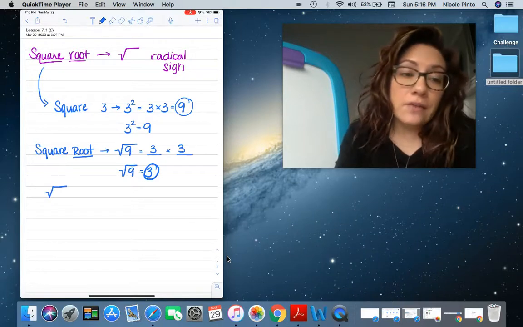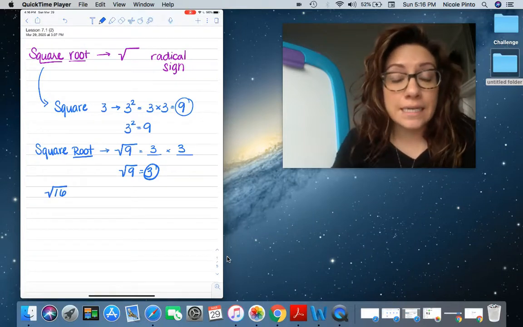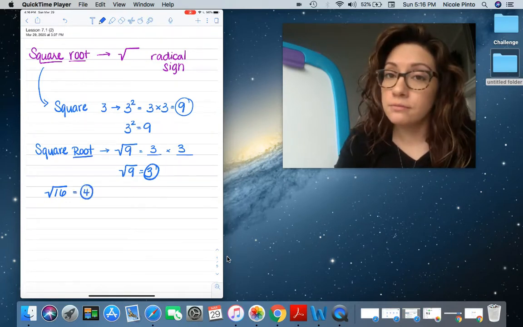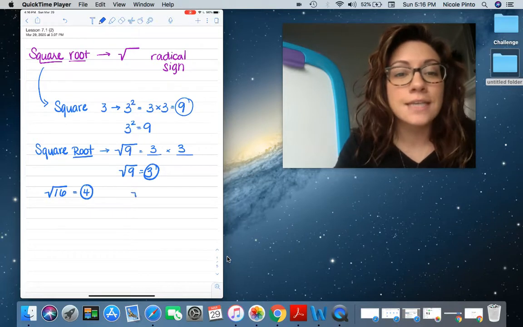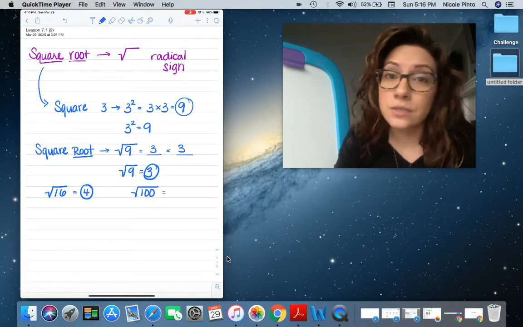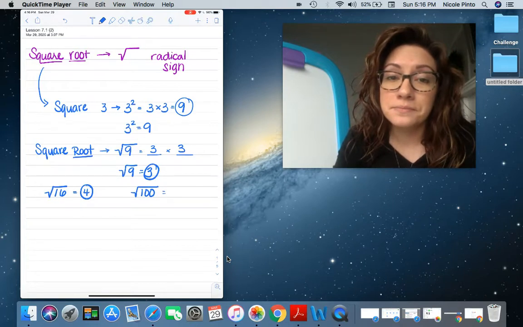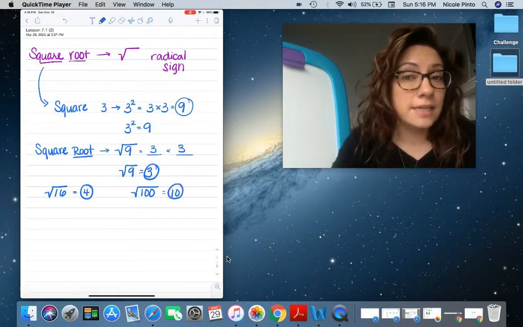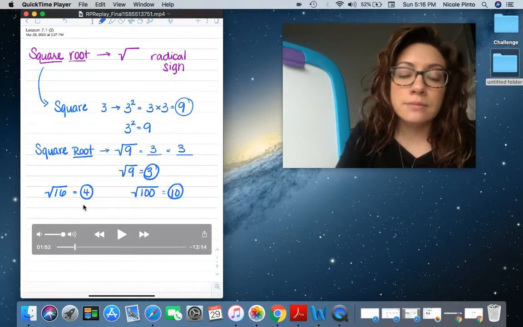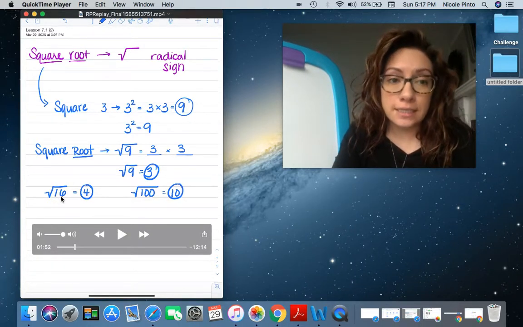Now, what if I gave you square root of 16? Raíz cuadrada de 16. What are you thinking for? Because that's what the answer is. How about if I give you square root of 100? Raíz cuadrada de 100. Did you get 10? Because you are correct. Again, 4 times 4 gives you 16.